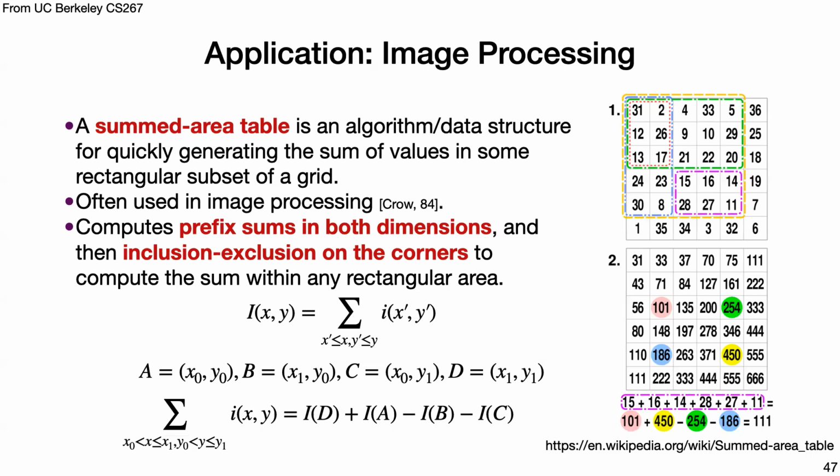It takes 2 to the D, where D is the number of dimensions you have, because of inclusion exclusion. You notice that this requires you to have an inverse, which is true for some, but is not true for arbitrary operators.